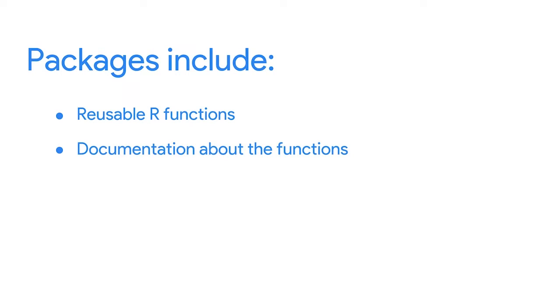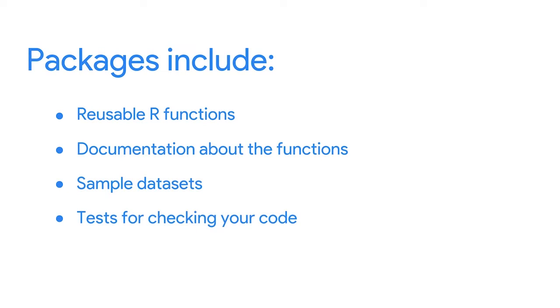Packages in R include reusable R functions and documentation about the functions, including how to use them. They also contain sample datasets and tests for checking your code to make sure it does what you want it to do. By default, R includes a set of packages called base R that are available to use in RStudio when you start your first programming session.